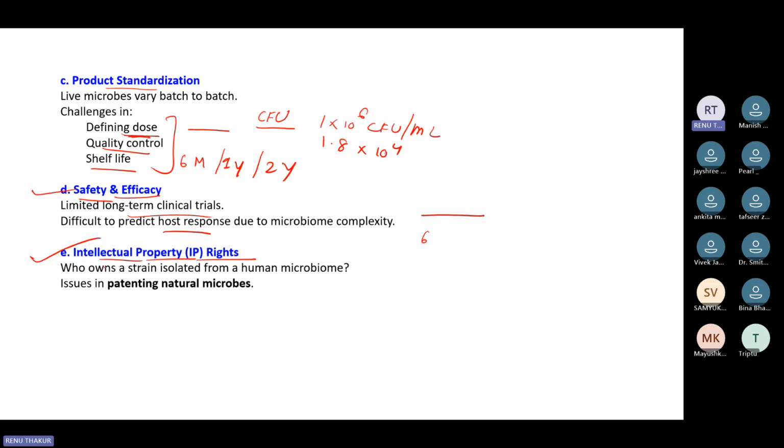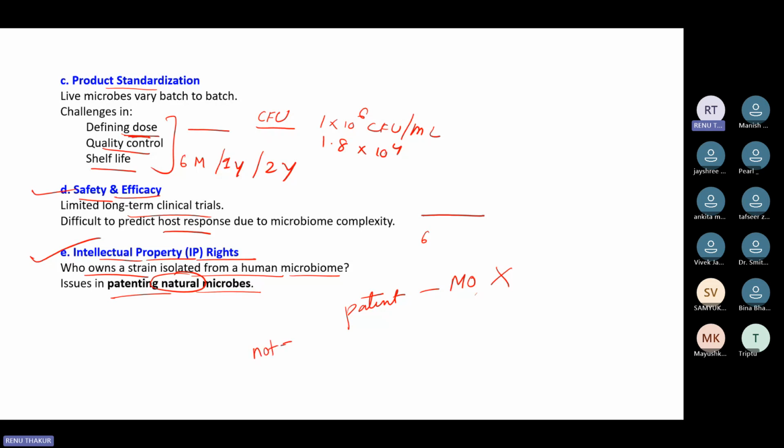Who owns a strain isolated from a human microbiome? Issues in patenting natural microbes. People are always confused, but we cannot patent microorganisms. Why? Because this is a natural thing. A patent is applicable only for things which are not obvious.